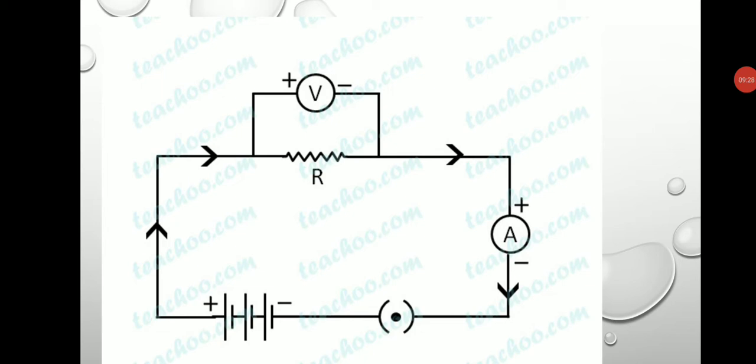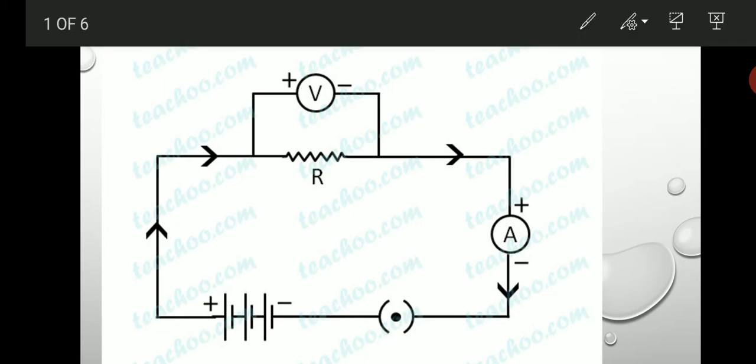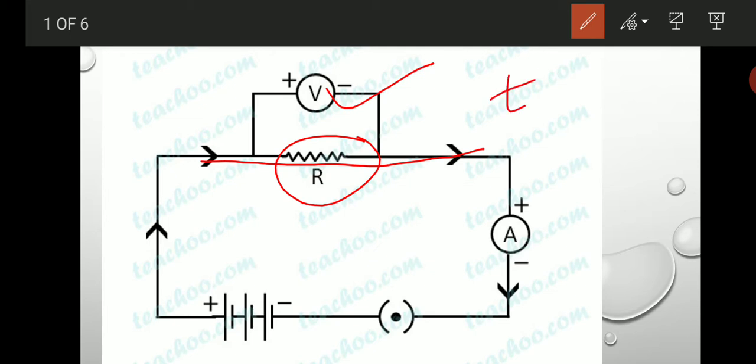Consider this circuit. Here the current I is flowing through a resistor of resistance R. Let the potential difference across it be V, and let T be the time during which charge Q flows across.